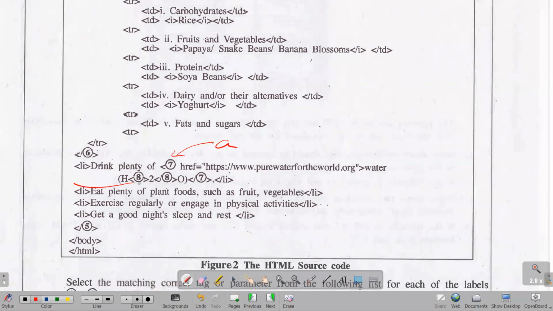So the 8 is going to be SUB, subscript, because the number 2 over here should be staying below the normal font line to indicate H2O, which is the water. So yes, that's how these things happen.